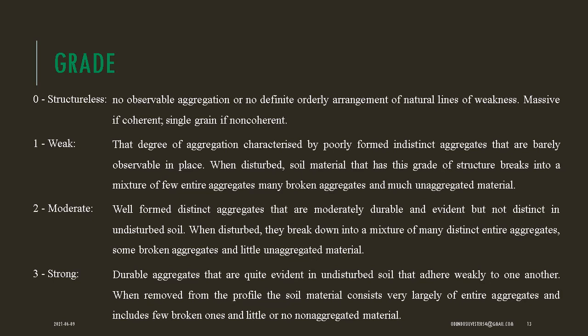Grade 1, weak, is where the degree of aggregation is characterized by poorly formed, indistinct aggregates that are barely observable in place. Grade 2, which is moderate, has well-formed, distinct aggregates that are moderately durable and evident but not distinct in undisturbed soil. And lastly, Grade 3, strong, has durable aggregates that are quite evident in undisturbed soil.